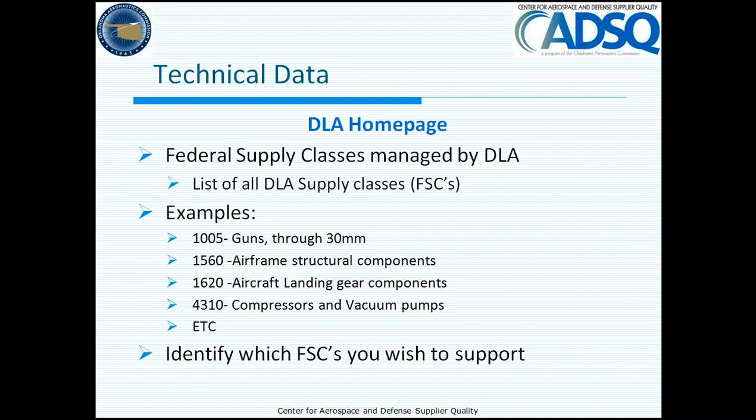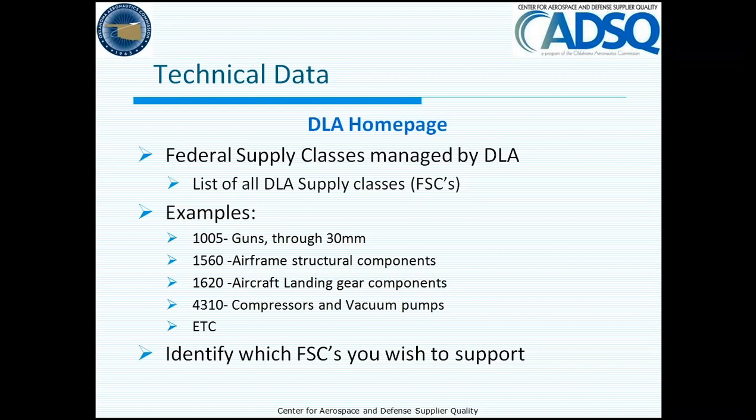Same thing with 1560, the airframe structural components. Any airframe structural component in DOD, whether it's an F-18, an F-16, or a B-52, if it's a structural component that goes on any of those aircraft, it'll be in the 1560 class.